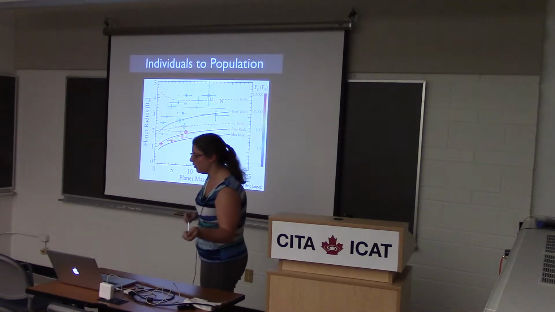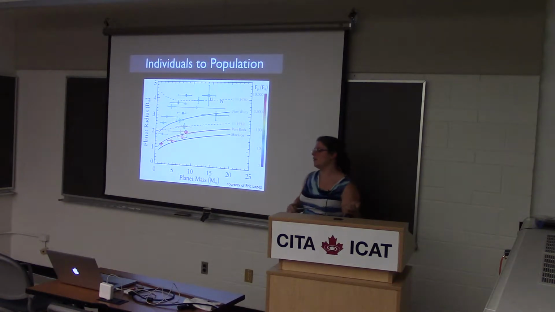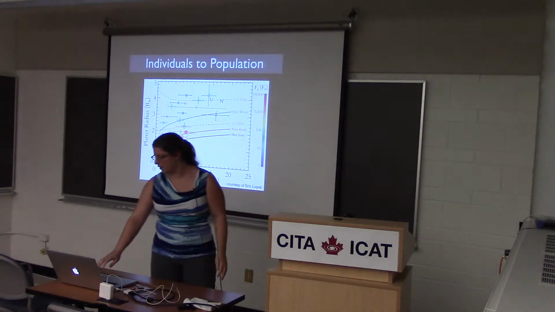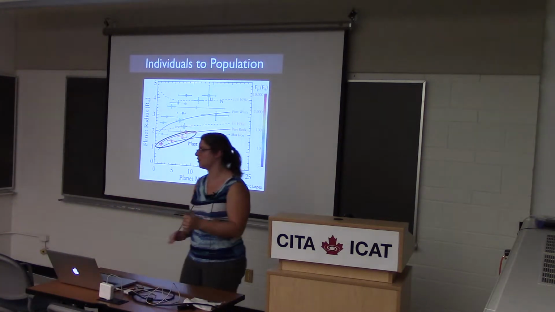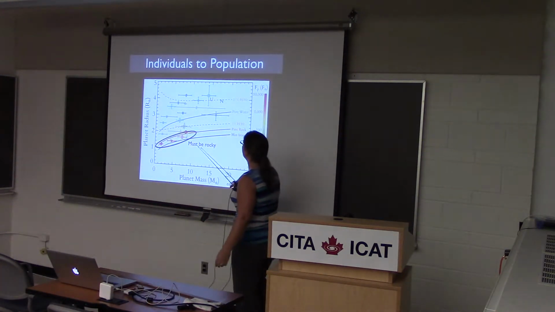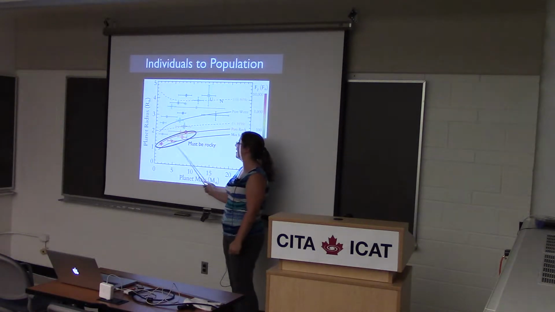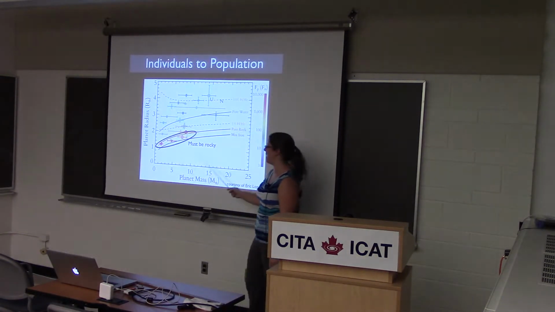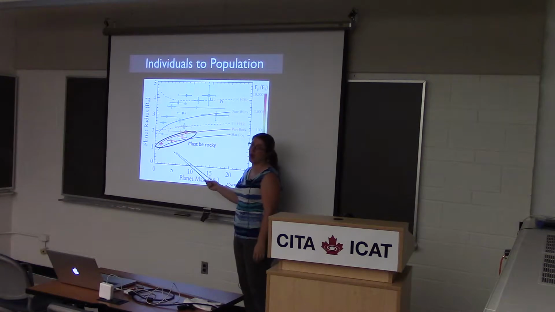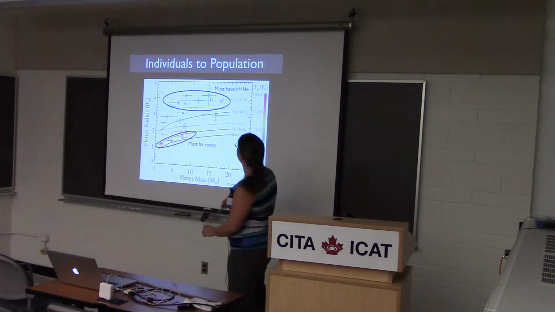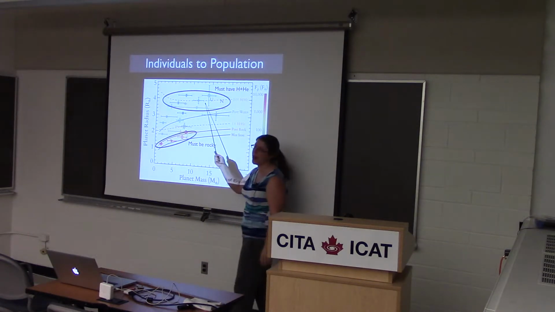So why did we decide to go ahead and do this? Well, you can make an argument looking at the extremes. Looking at these planets over here, their masses and radii are well constrained enough that they must be rocky. Looking at the other extreme, there are a few planets up here that must have some hydrogen and helium.